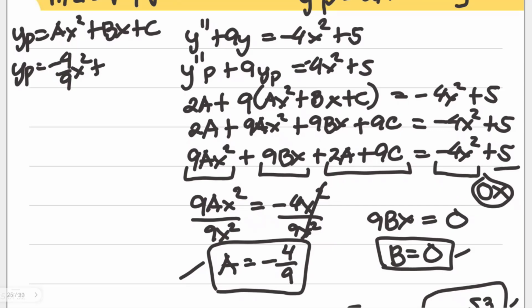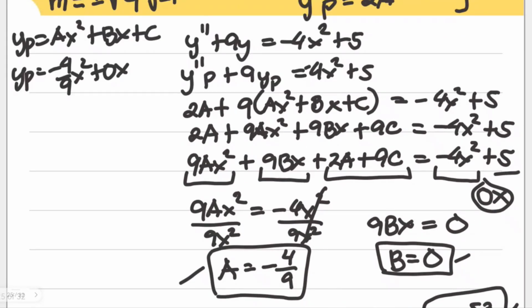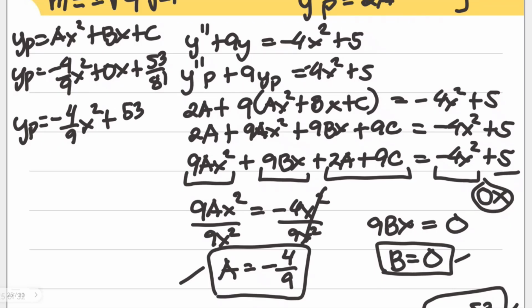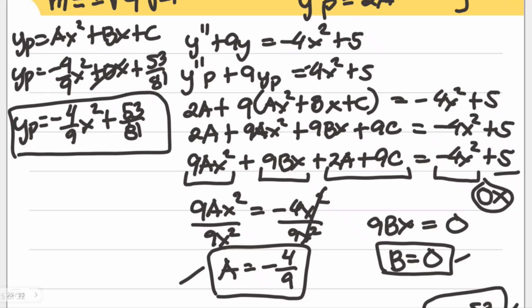Our b is 0x. Then our c is positive 53 over 81. Hence, y sub p is minus 4 over 9 x squared plus 53 over 81, because the b term would become 0. This is our y sub p.